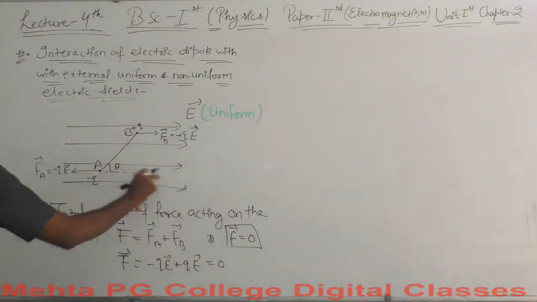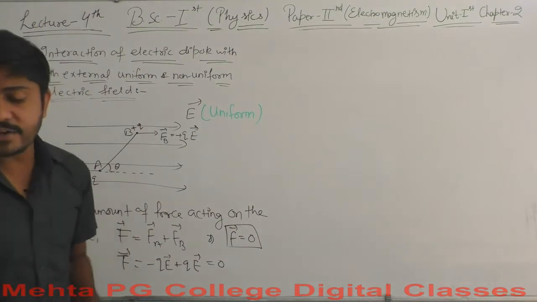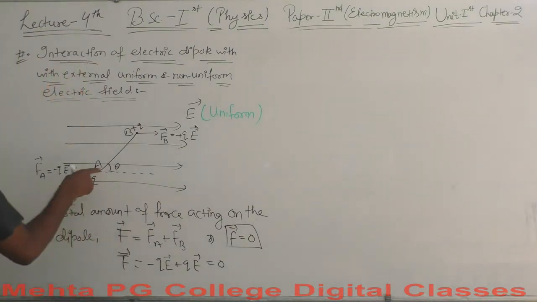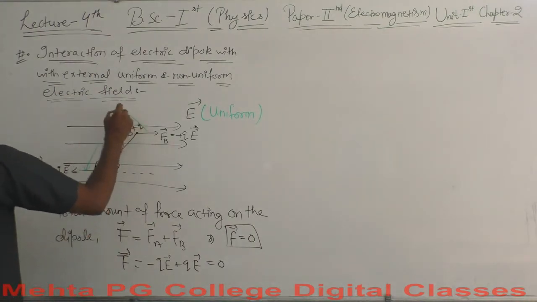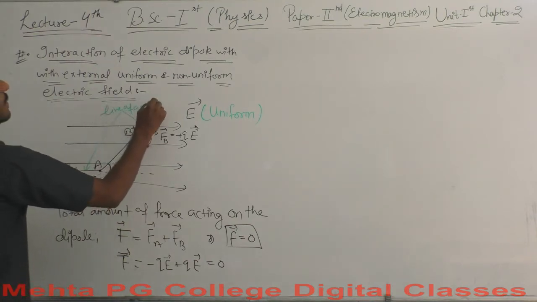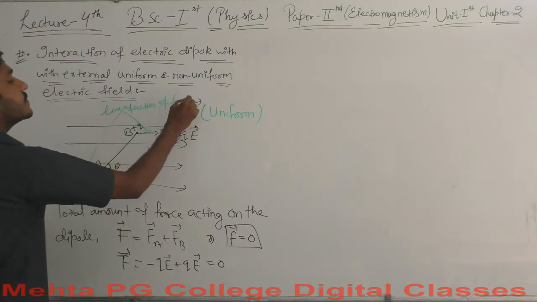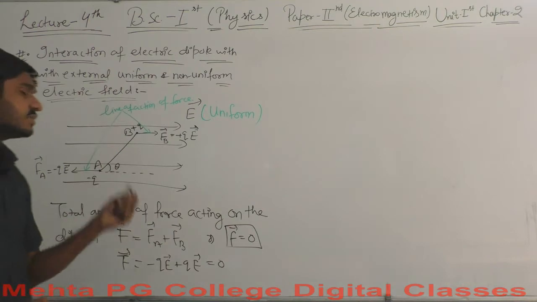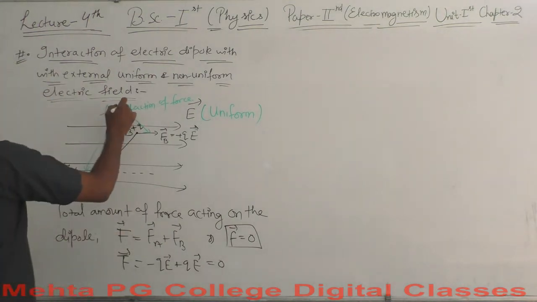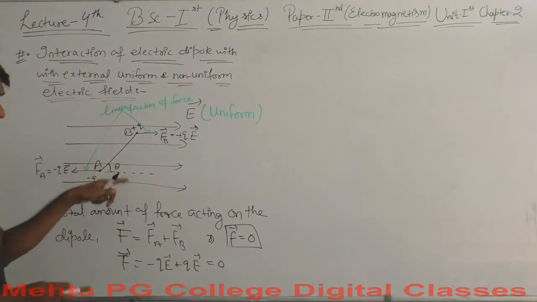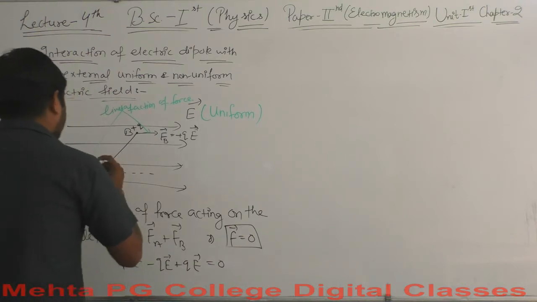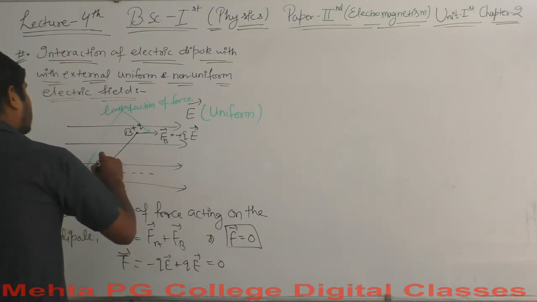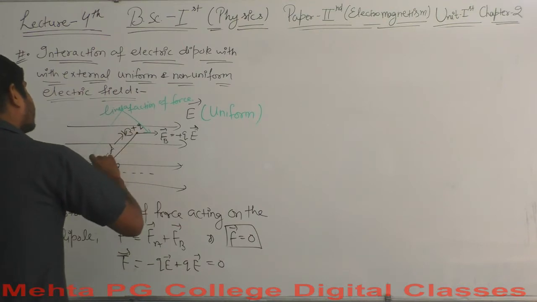These two lines, one for point A and one for point B, are the lines of action of force. Also imagine that this dipole has a length d for reference.